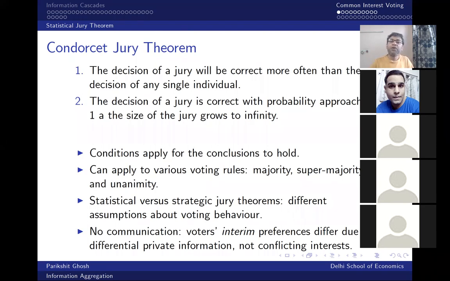Now, we are going to study another framework, which I don't think you've seen before, which is the Condorcet framework. It is named after the Marquis de Condorcet, a French mathematician and one of the pioneers of studying social choice and voting. Condorcet focused on the other aspect that I just mentioned, the information aspect.